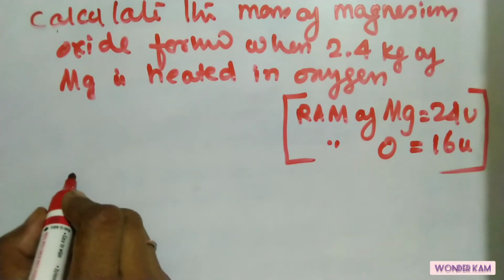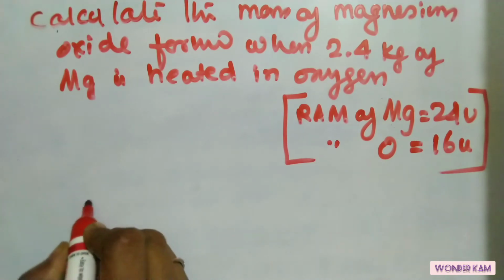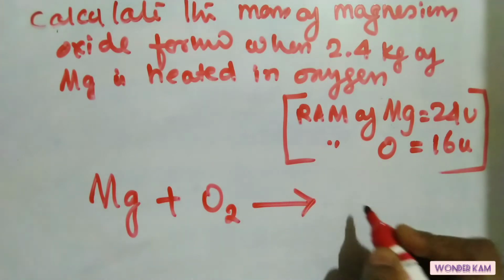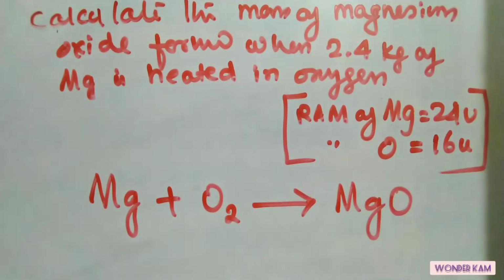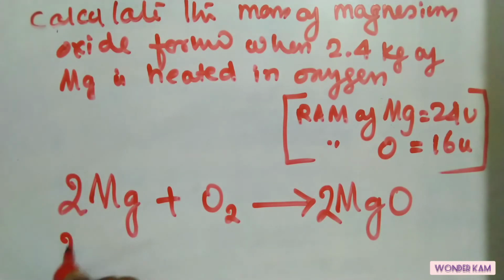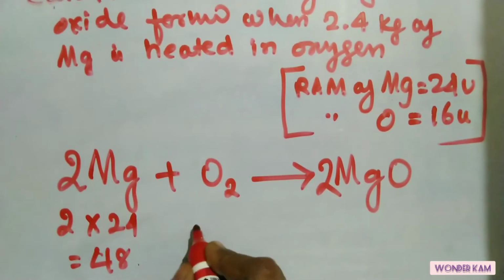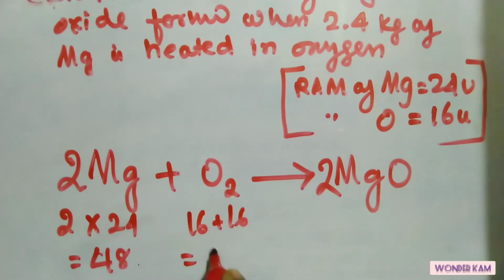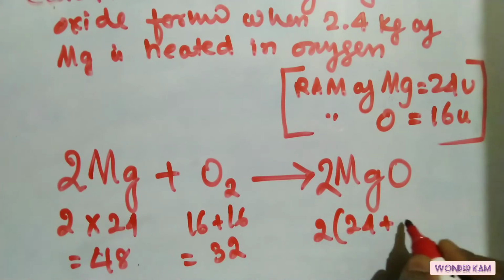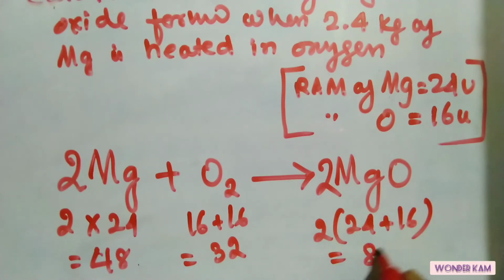We have to write down the chemical equation first. Magnesium and oxygen will give magnesium oxide. We have to balance it, so this is our balanced chemical equation. This is 48, and this is 16 plus 16, 32. This is 2 into 24 plus 16, which comes to 80.